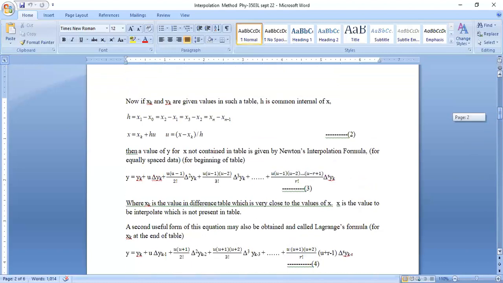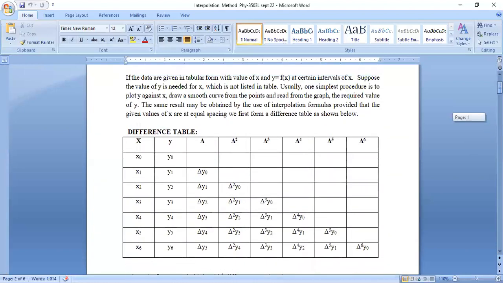When you use equation number 3, suppose this is your xk. So our xk is x1, and this is your yk. If you draw a diagonal, your diagonal will be del y1, then del square y1, then del cube y1, del 4 y1, and del 5 y1.